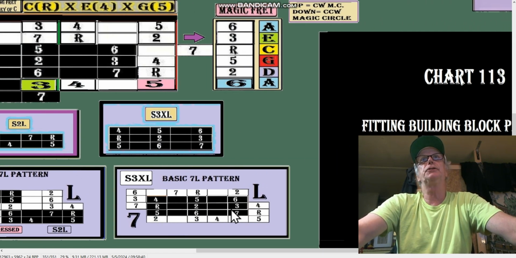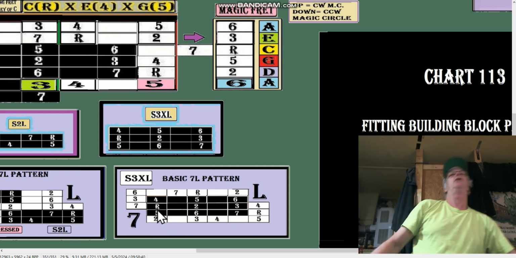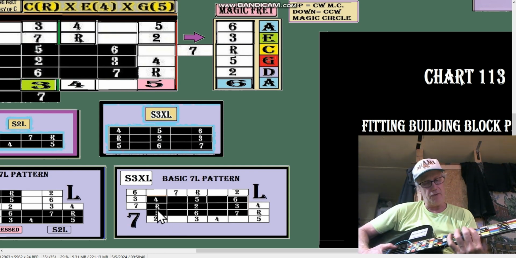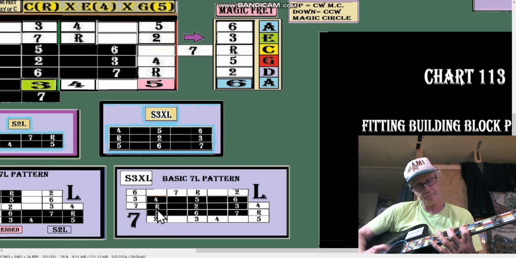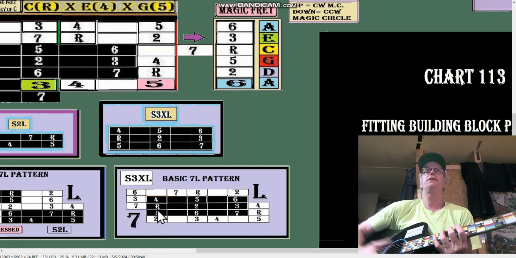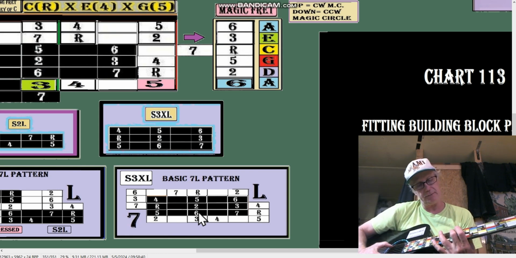Now the colors are now on the X3XL. We get the X3XL. So you put them together and just take the middle part, and you get this wonderful whole step pattern. 5, 6, 7, root 2, 3, 4, 5, 6, which is a mixo-aeolian pattern. It's a mixolydian pattern if you start from the 5. And if you start from the 6 here and go to this 6, it's an aeolian pattern.